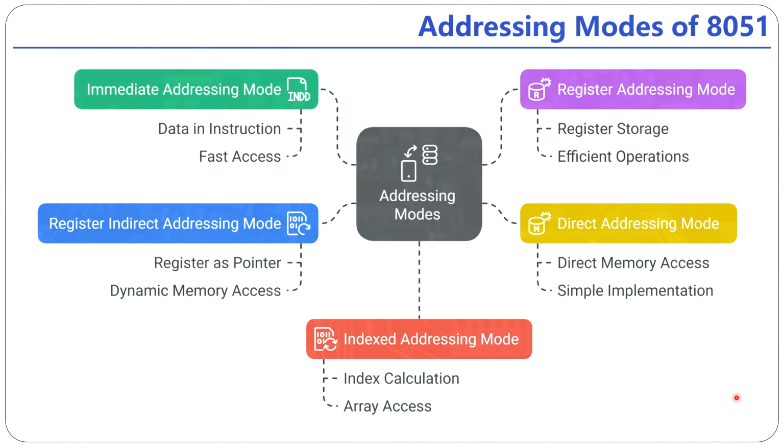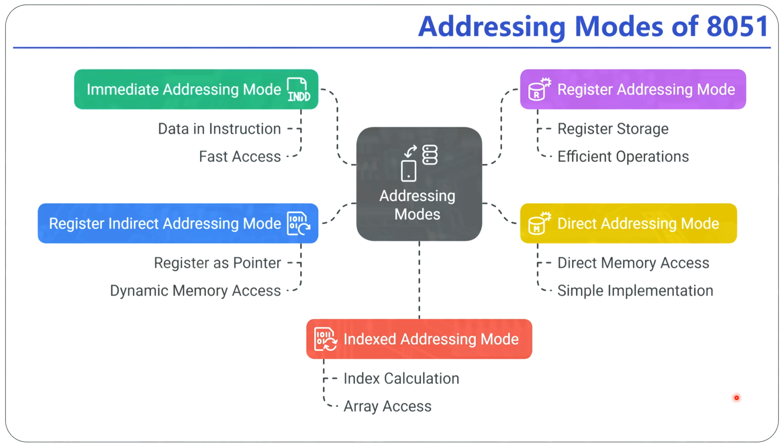For example, MOV A, #25H. Here 25H is the immediate data. Also we will see it in detail in the next slide, right?